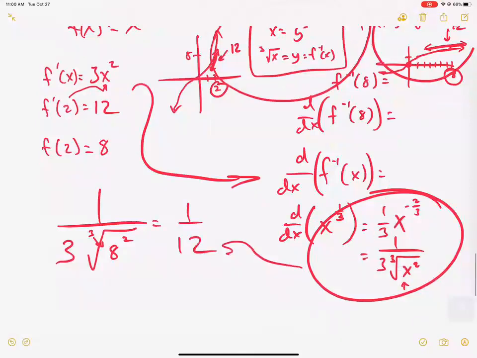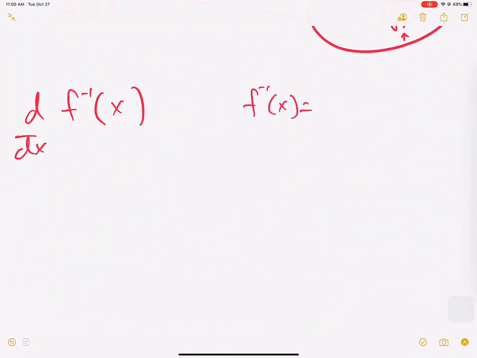So let's do the problem over again. If I tell you, find the derivative of the inverse function, let's do f of x is equal to the cube root of x.